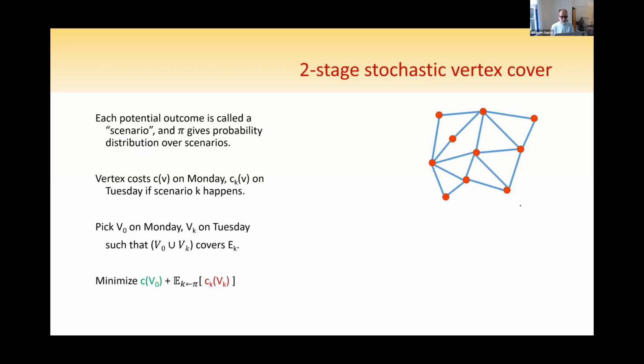Okay, so our problem again: stochastic vertex cover, 2 stages. So here's the thing. This is a general statement, the probability distribution pi. So let's just talk about the probability distribution pi a little bit. Each possible outcome tomorrow.